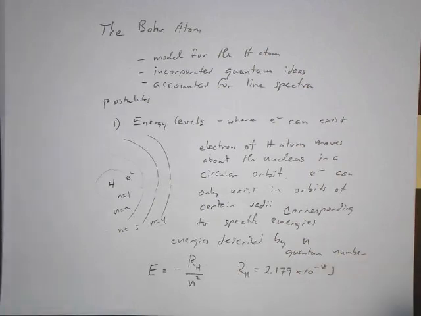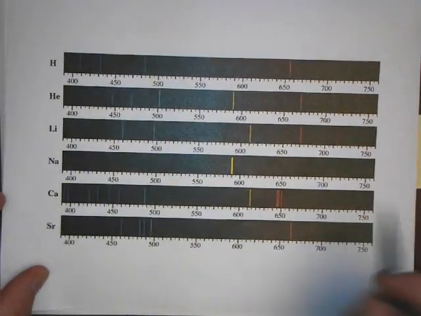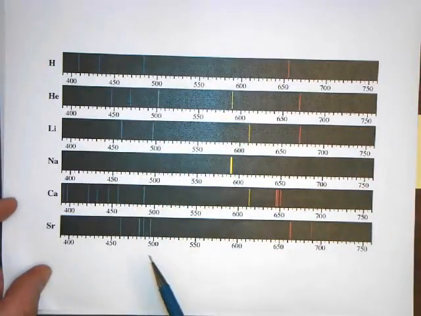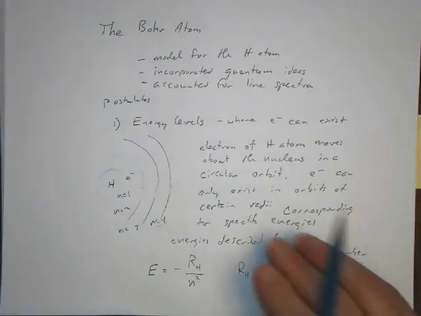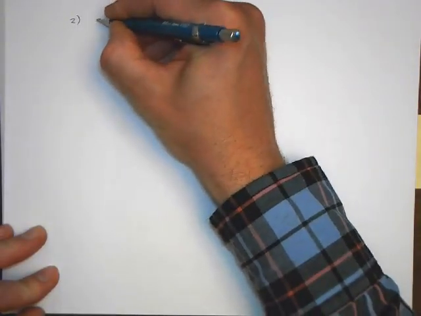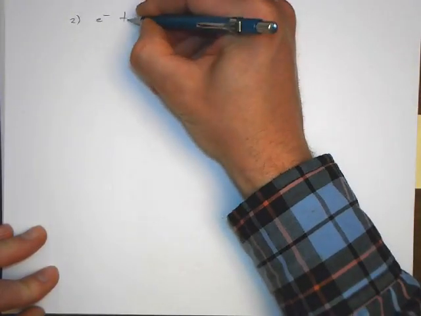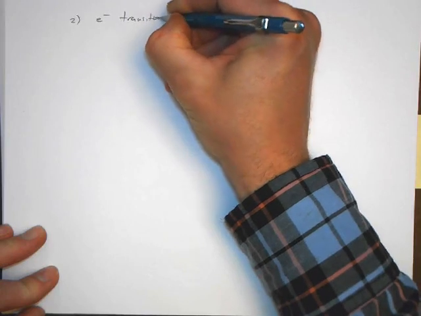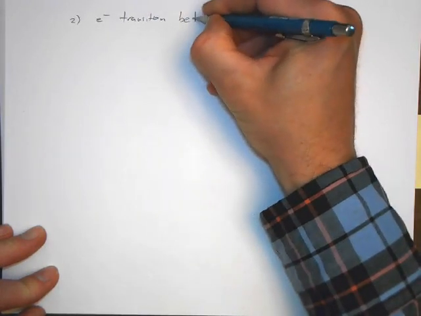All right, now, how does this relate to the line spectra that we see for different atoms? Let's see how that fits in. The second part of the postulate is that electrons transition between energy levels.